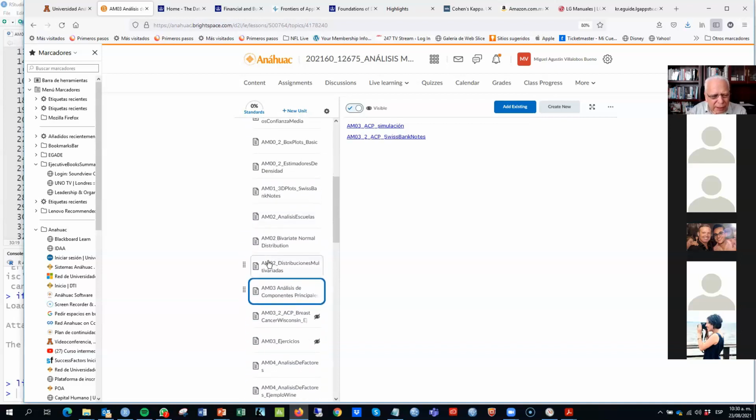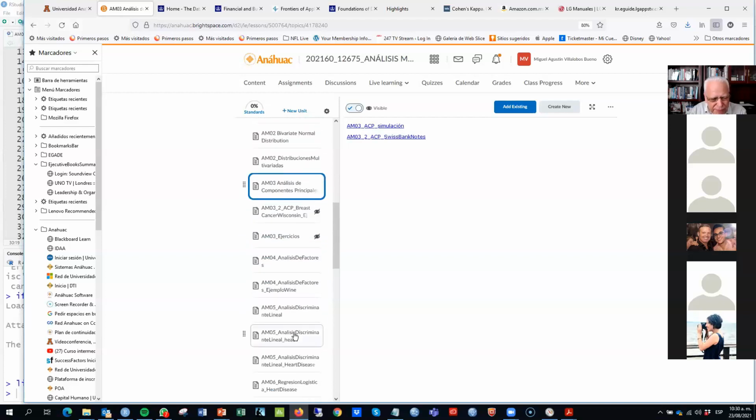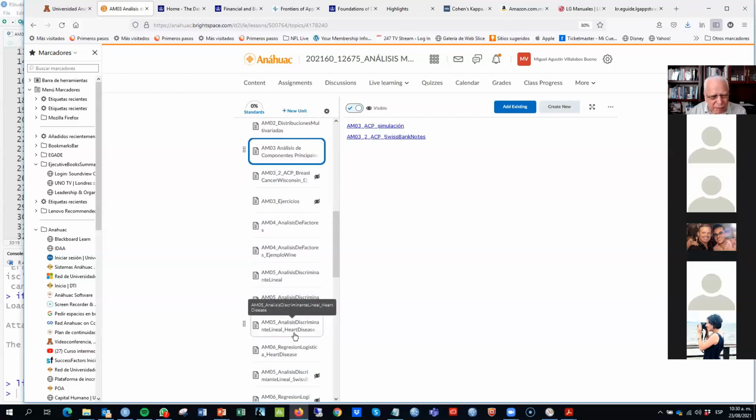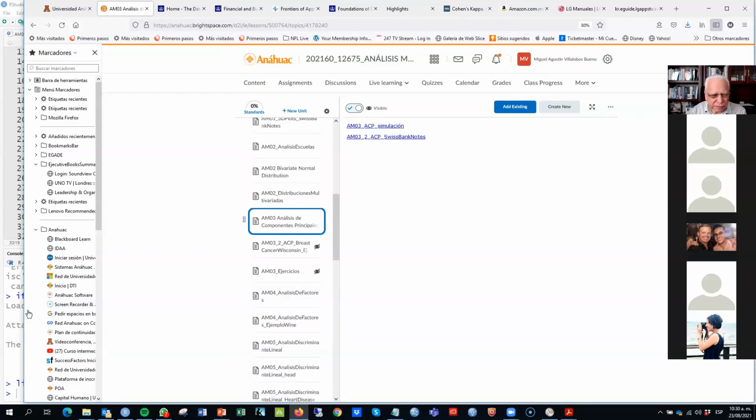You can download that right away, since you're there. When you download the principal component analysis, there are two scripts that we're going to use. One is called simulación, the other one is called Swiss banknotes. We're going to do the principal component analysis of the Swiss banknotes.